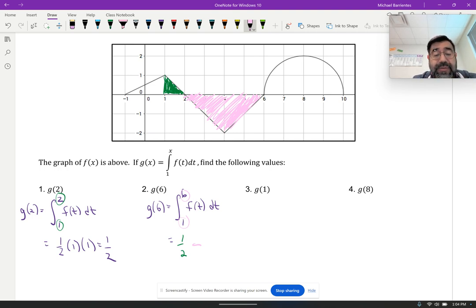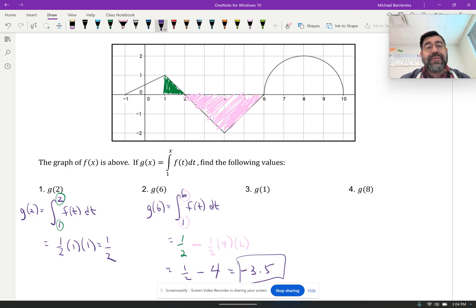But this is a triangle, so that's 1/2 base 1, 2, 3, 4 times height 2. And if I am doing things in my head correctly, I'm going to get 1/2 minus 4, and that's going to give me negative 3.5.